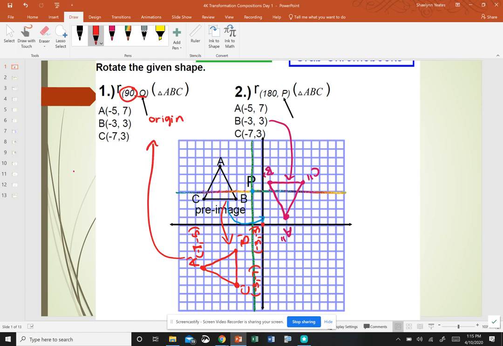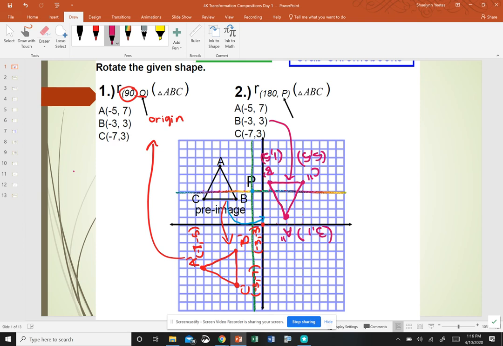Okay, and these new points, I'm going to have to flip it upside right to see. A is now at the point 3, 1. B is at the point 1, 1, 2, 3, 4, 5. And C is at the point 1, 2, 3, 4, 5. 1, 2, 3, 4, 5. 5, 5.